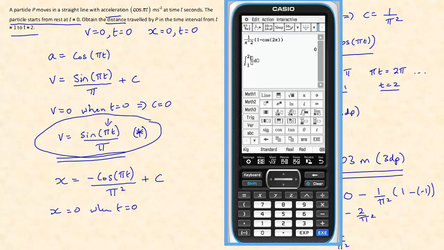We have got sine of pi x divided by pi. Now, I know it didn't change direction, but if we just put a modulus around that, then it wouldn't matter if it did. It would give us the distance. And there we go, 2 over pi squared.